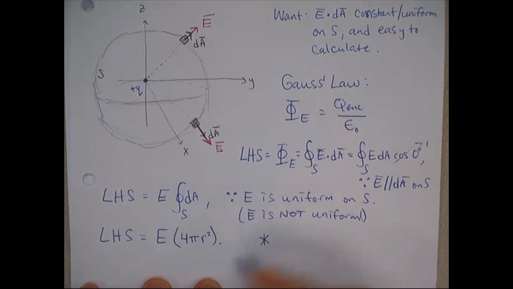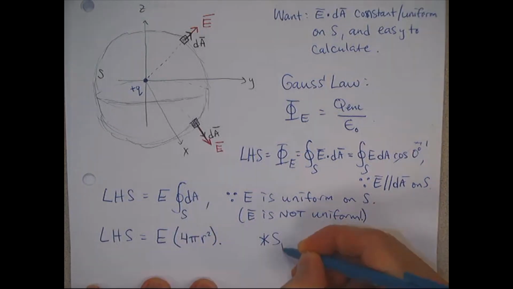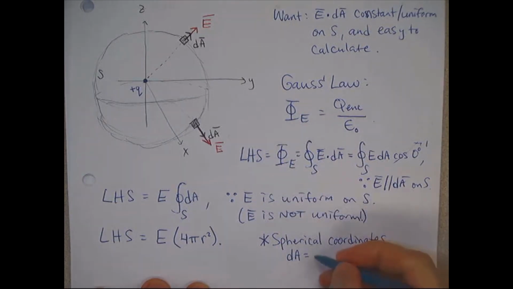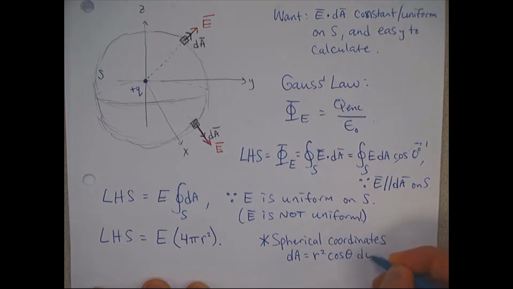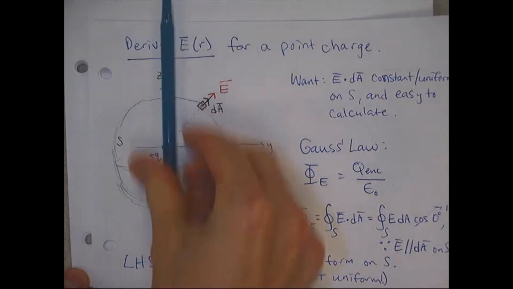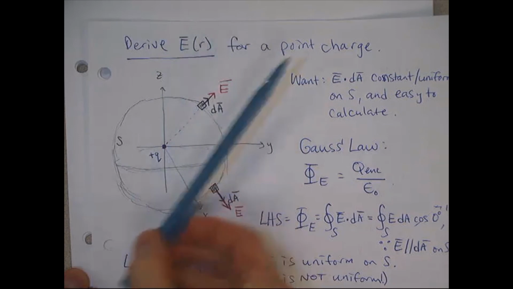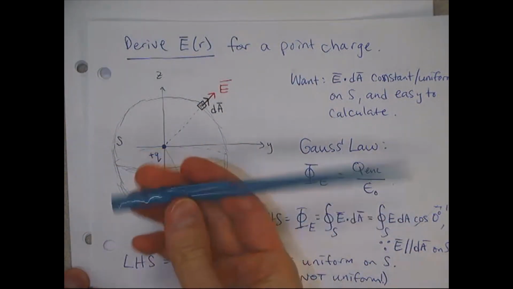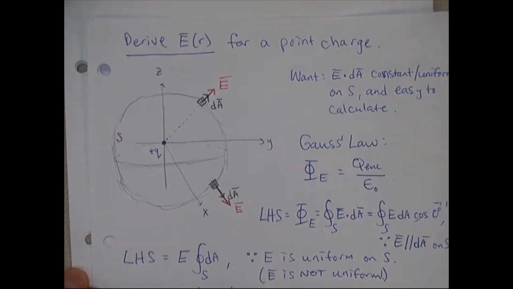If you're feeling particularly mathy, you can express the dA in spherical coordinates, r squared cos theta d phi d theta, where theta is your angle down from the z-axis, and phi is your angle swinging around the z-axis.